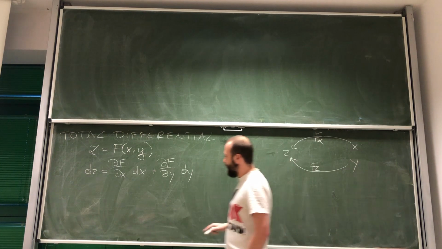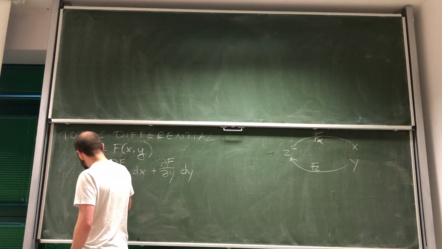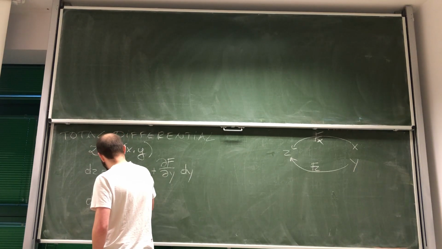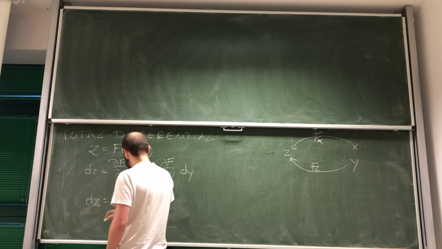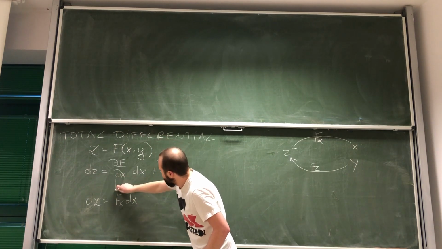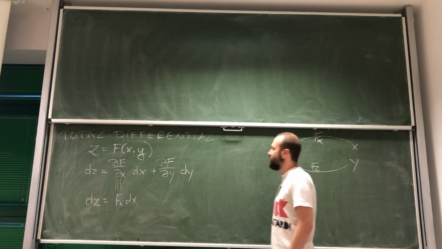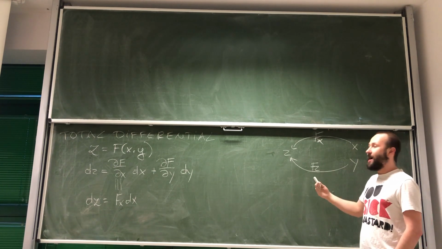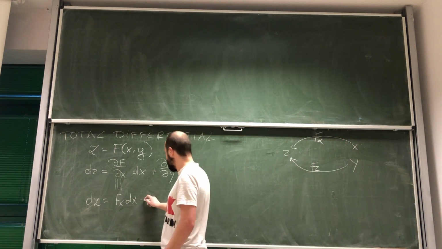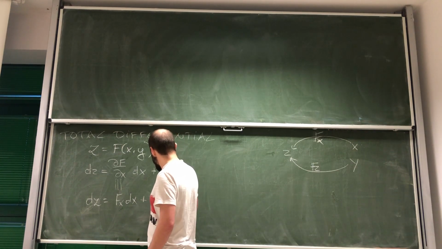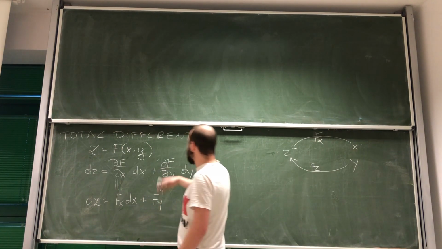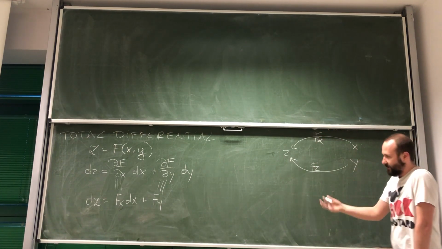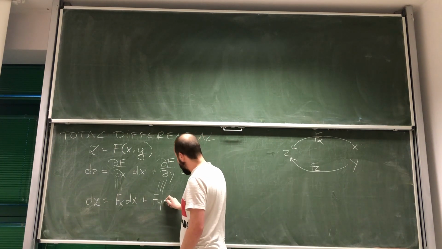So we can simply write that dz is equal to fx dx, where fx is derivative of function f with respect to x, partial derivative, so assuming y is constant, plus fy, which is derivative of function f with respect to y, now assuming x is constant, times change in y.